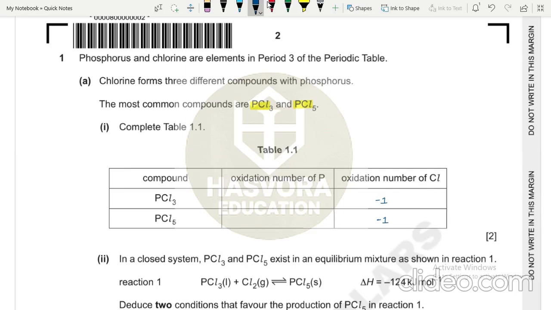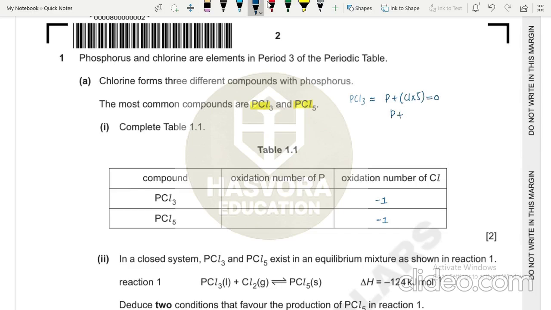For phosphorus in PCl3 and PCl5, we can first write the formula. We will leave phosphorus as blank because we are going to find its oxidation state, and then plus -1 into 5 is equal to 0 because it's a neutral compound.